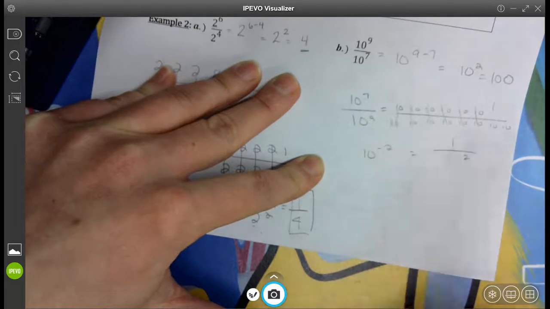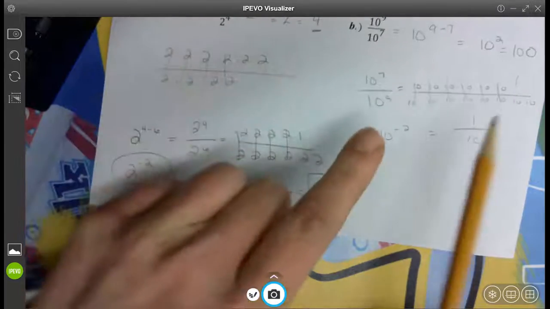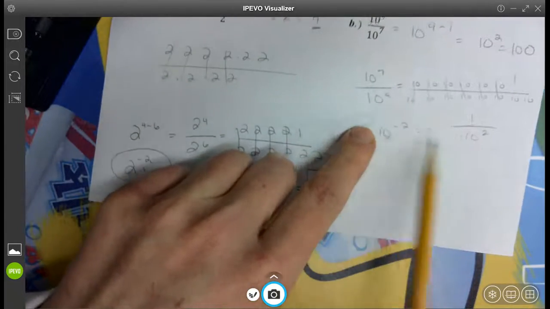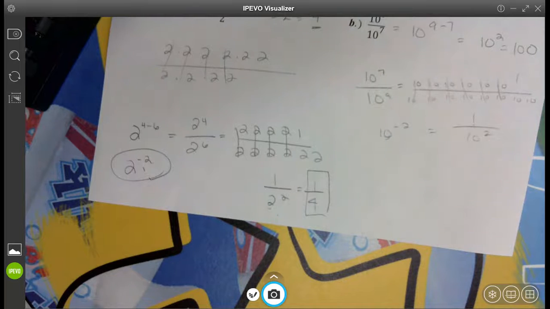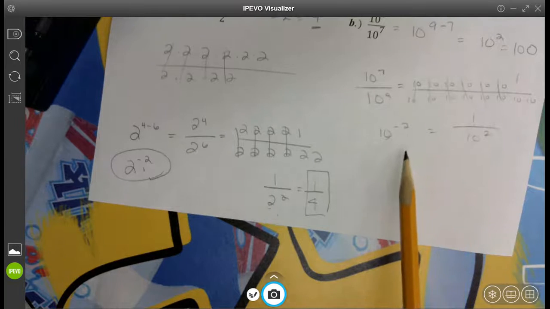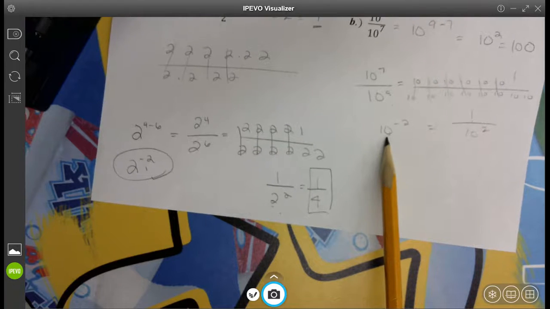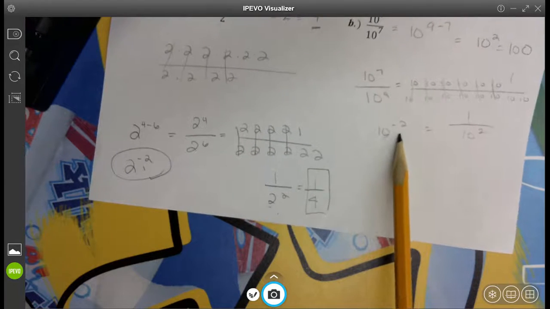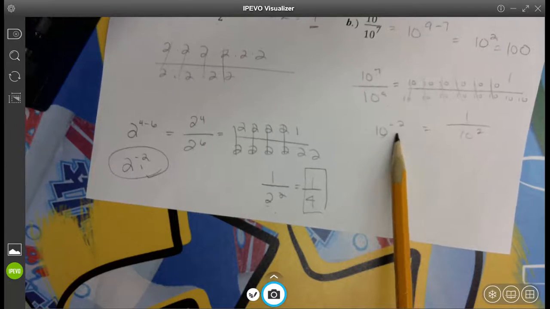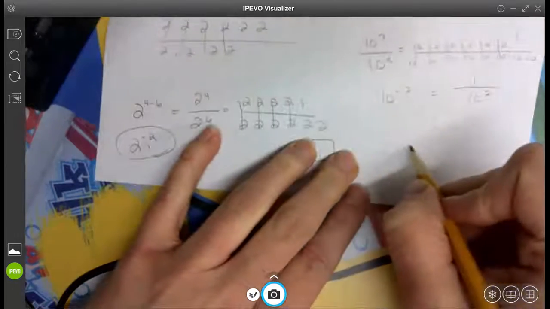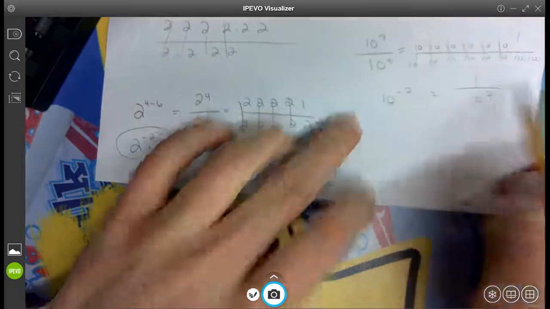It needs to be moved if it's negative. So we can conclude a negative exponent needs to be moved. So for any non-zero number raised to a negative exponent, it is the reciprocal of the positive one. So they're reciprocals of each other.